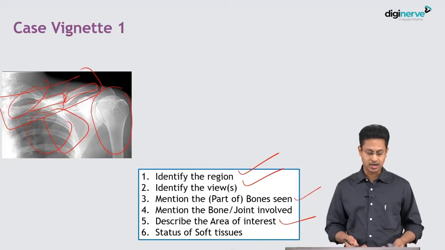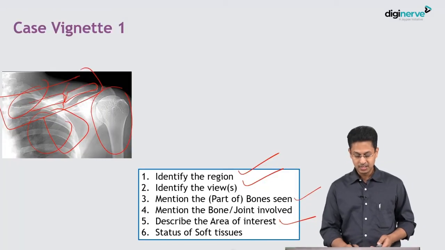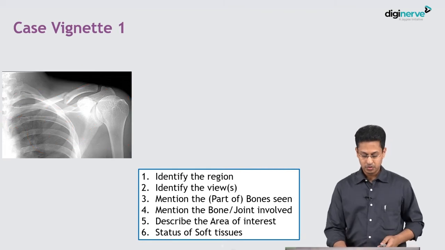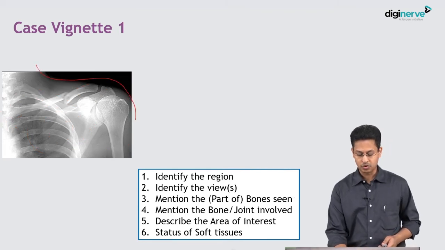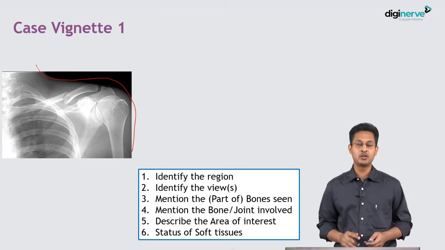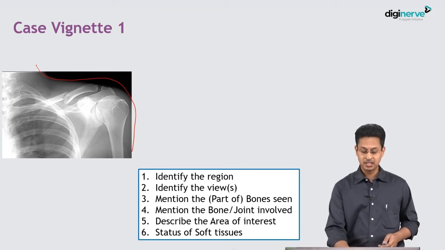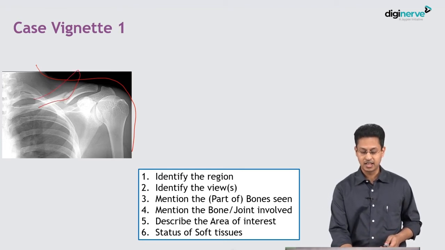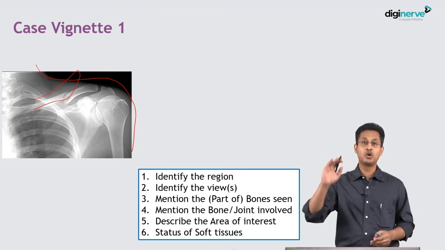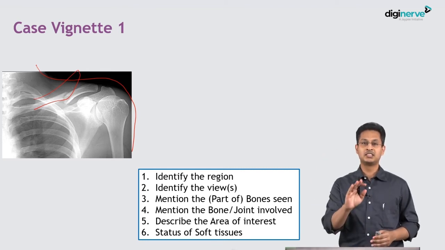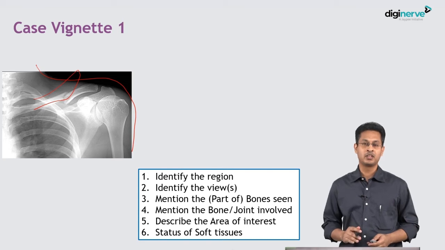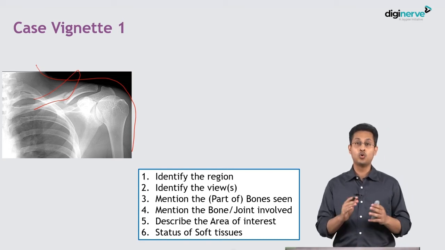Here it looks like a simple mid shaft transverse fracture of the clavicle. Next, the status of the soft tissue. You need to see the shadow of the soft tissue, which can sometimes be appreciated on plain X-rays. If the bone is projecting beyond the shadow, it is suggestive of an open injury, and these are categorized as open fractures.